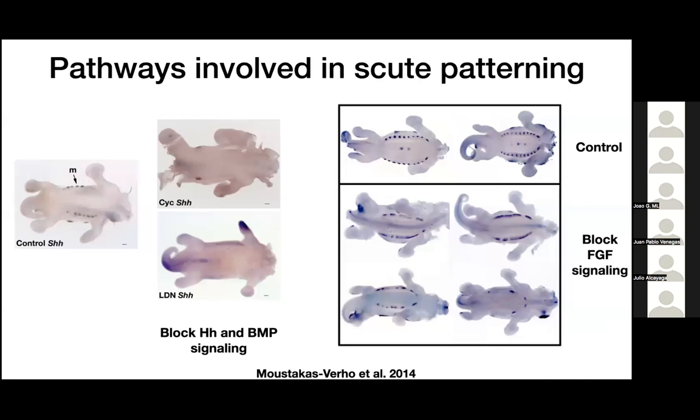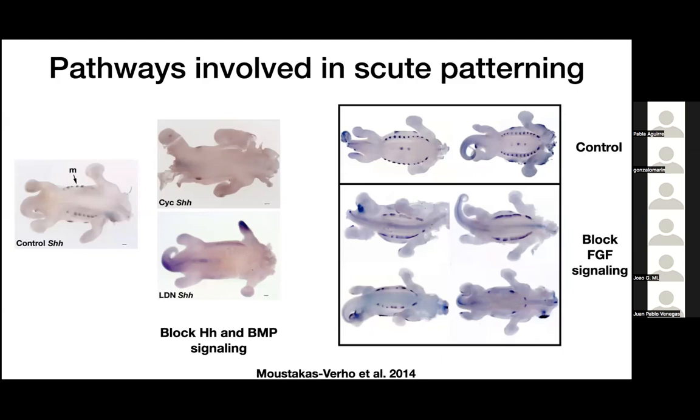We also looked at some other signaling pathways. So sonic hedgehog is a well-known one, and BMP signaling. These molecules that we had previously shown were expressed in the scute primordia. So in the center panel, if you block hedgehog or BMP signaling, you lose the scute primordia and you lose the contouring around the developing shell.